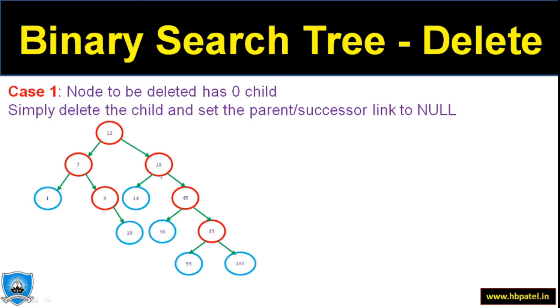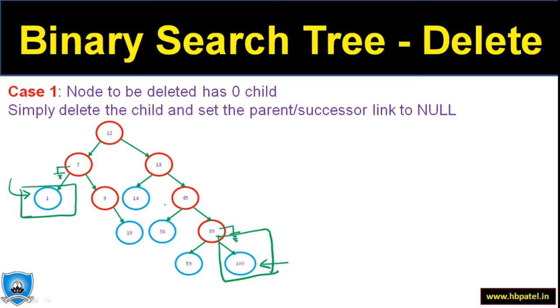For example, I wish to delete this 1. In that case, what are we going to do? We will set the left pointer of 7 to null, and then we will free this memory. If I wish to, let's say, delete this 100, in that case the right pointer of 89 will be set to null, and then we'll free this 100.